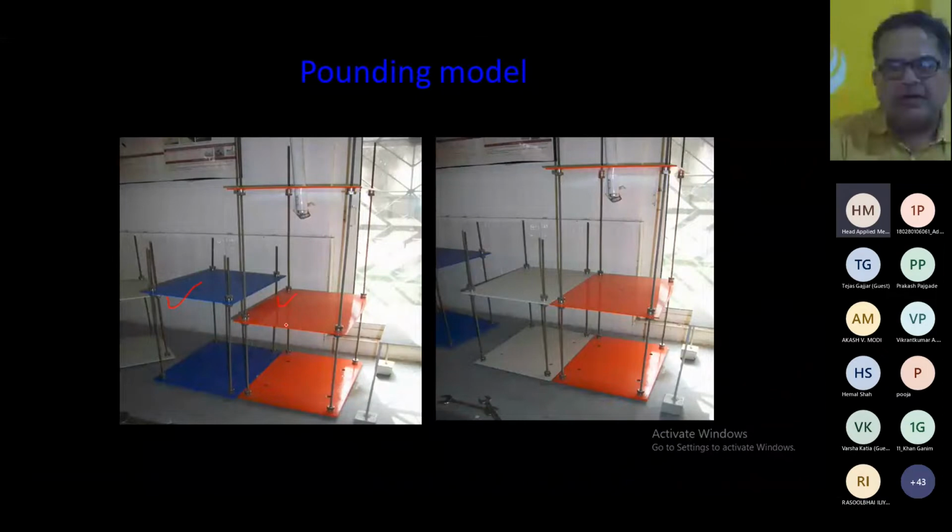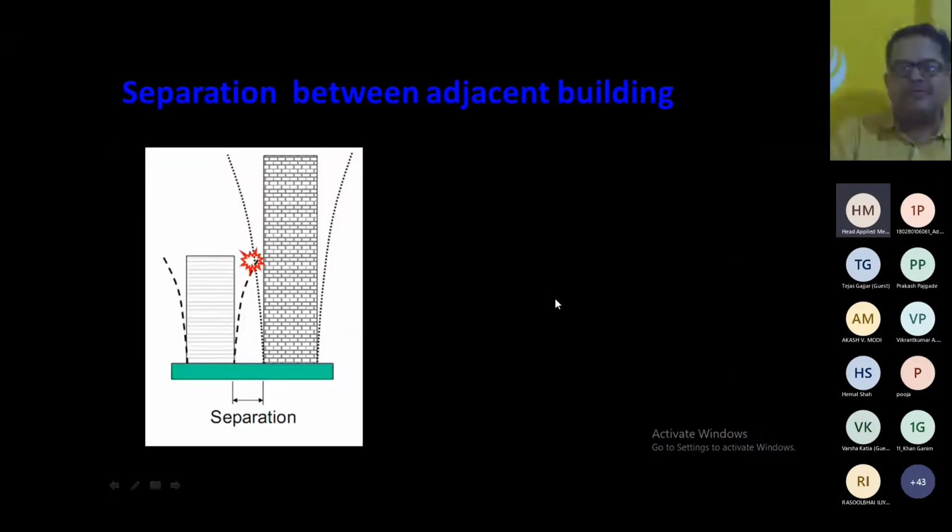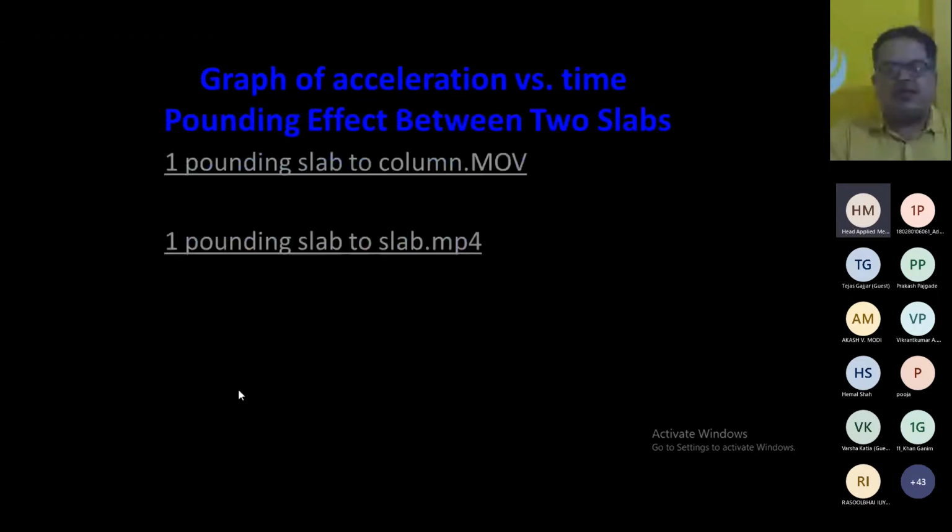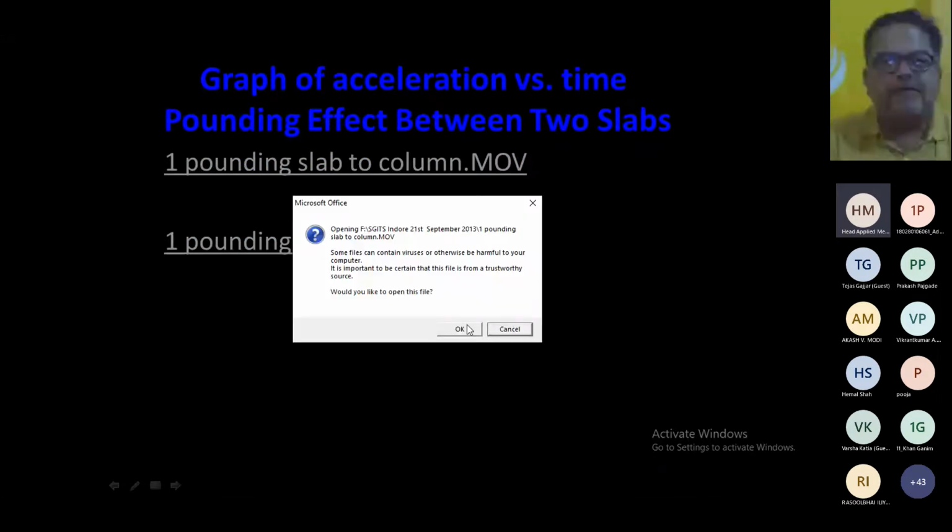Here this slab is hitting the column, and in this case the slab will hit the slab, right? So what is needed? You must have a sufficient gap between these two buildings, right? So first we'll take the case of pounding when slab to column, right?